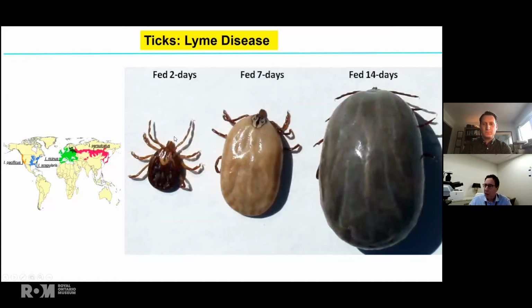Because they are also spread all over the world. And one of the important things that we are seeing here is that the weight of a tick really goes from 2 days feeding, you can see that is not much, then 7 days, and then 14 days.